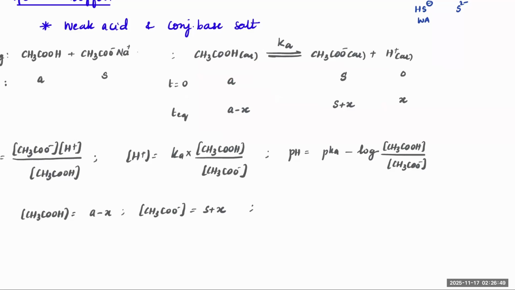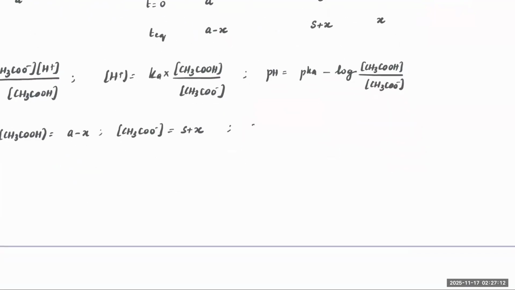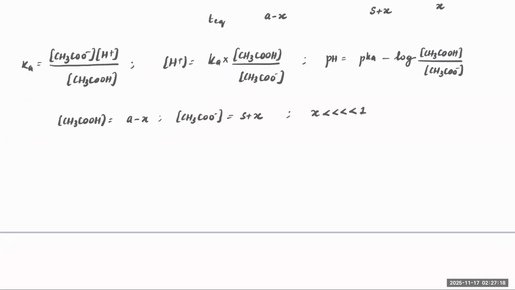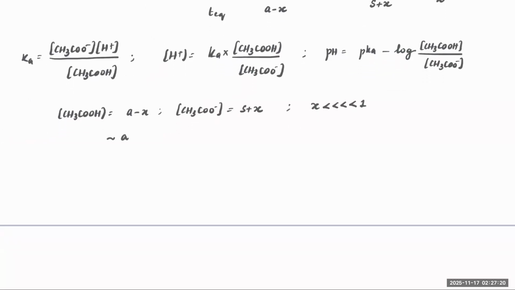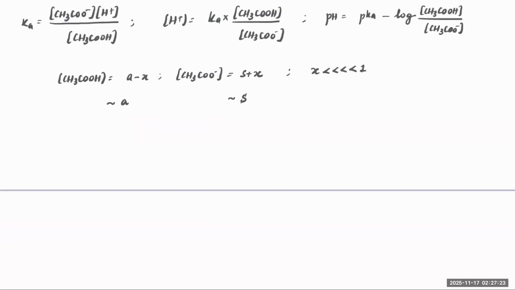Already it is a weak acid, its dissociation is less. On top of that, it already has a common ion. Because of the common ion, the equilibrium mainly stays in the backward direction, which means the dissociation happens to a very, very small extent. Hence, I could say the X value is way, way smaller. Thus, this can be equated as A, this can be equated as S, because I'm ignoring X in both cases.